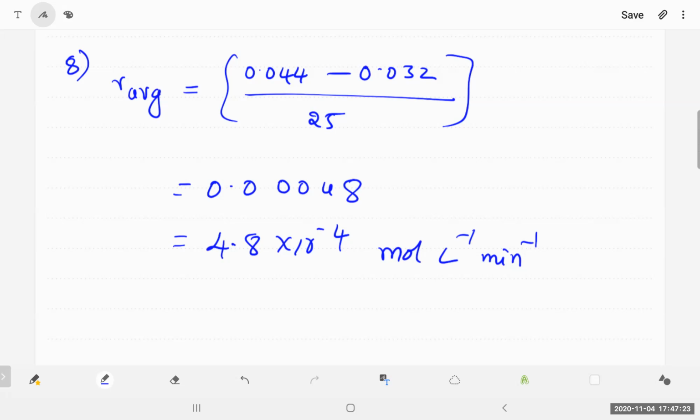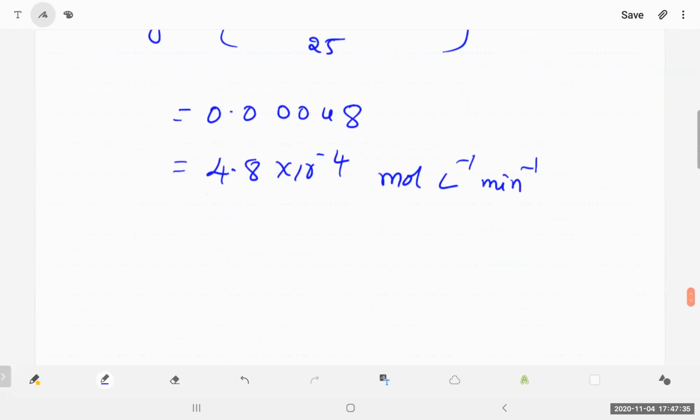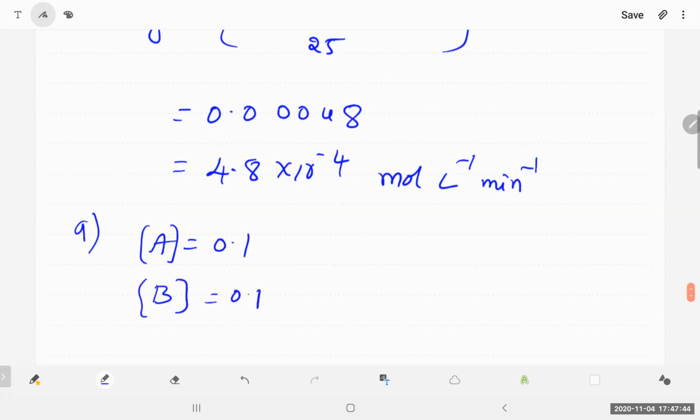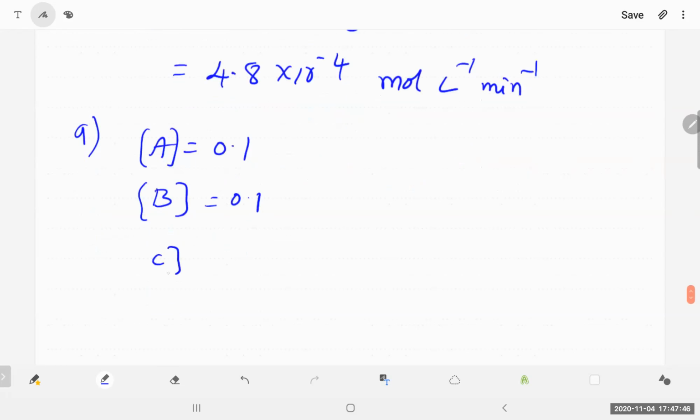Then the rate of the reaction becomes 2 into 10 power minus 9 mole per second only when, that is in the third option, the concentration of A is equal to 0.1, B concentration is equal to 0.1, and the concentration of C is also 0.1 moles.